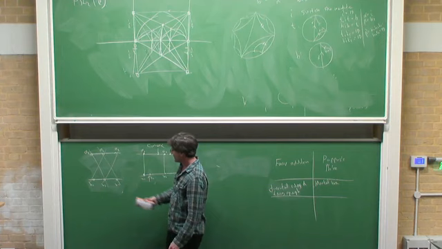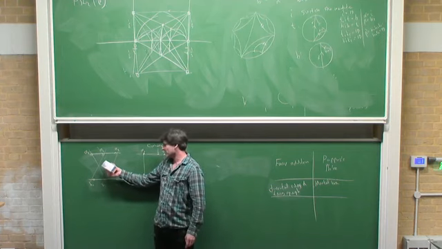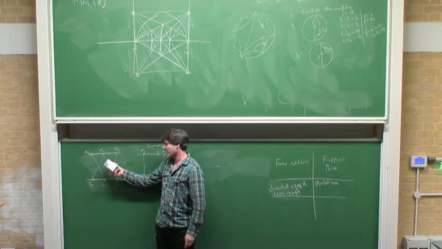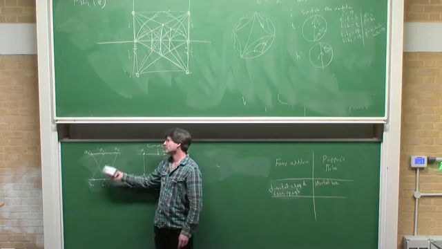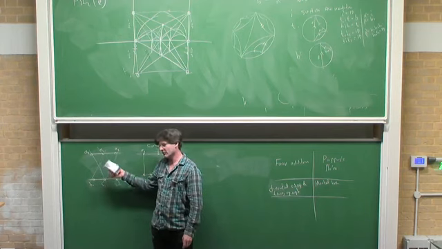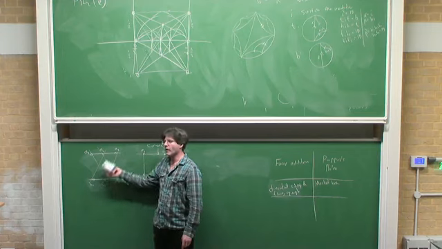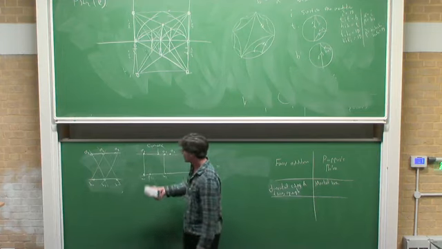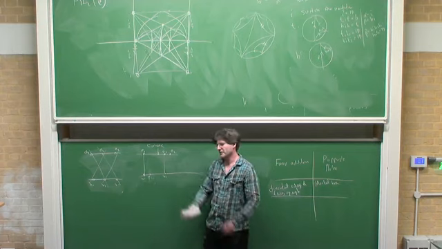The reason why you might want to do this is because later I'm going to talk about how dualities come into the picture. So at some point you want to have somehow a symmetric description.